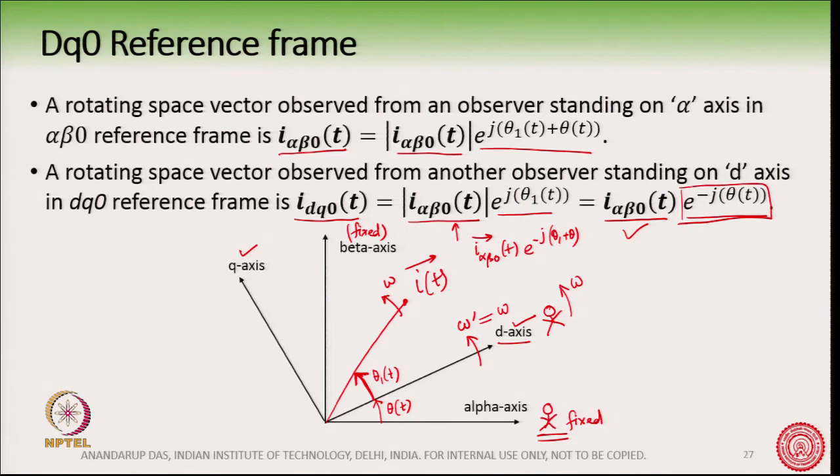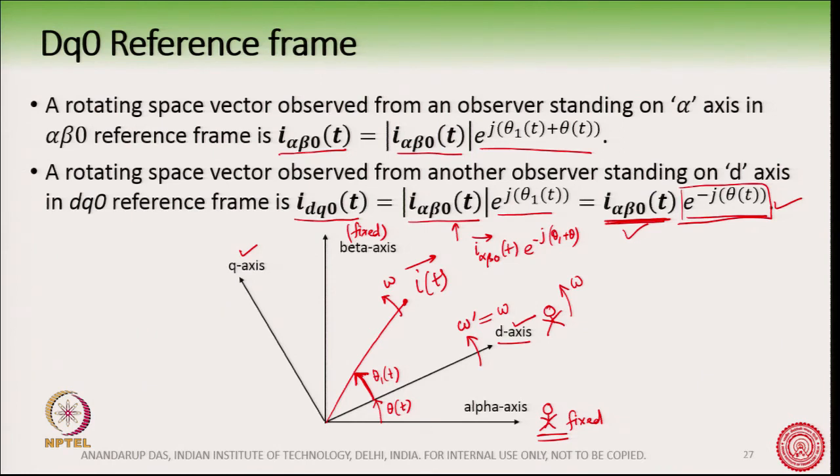Suppose I am observing a space vector from the alpha beta 0 plane, then I get a certain value I alpha beta 0 t. This has a magnitude and an angle. And then if I want to observe the same reference vector from the dq0 axis, then I will multiply with e to the power minus j theta, where theta is the angle between alpha and the d axis.